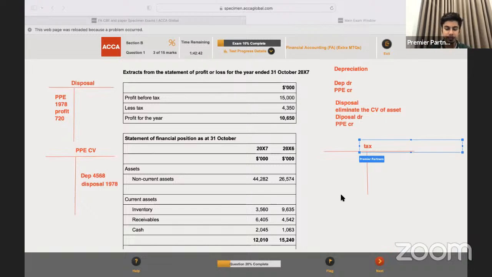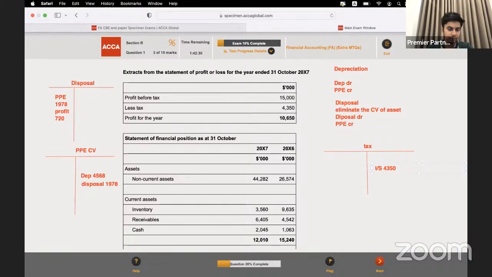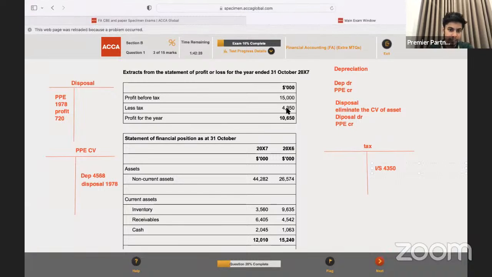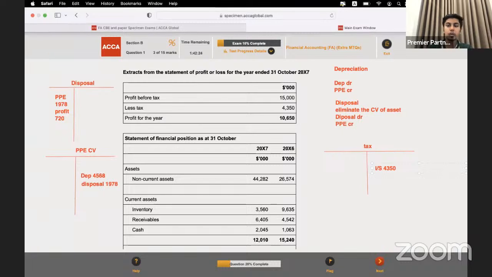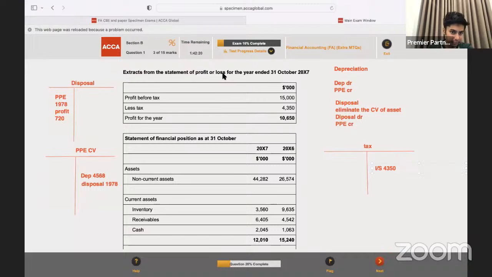Because of that, in my tax account, this should appear on the credit side as income statement, 4,350. All good? If you don't know, if something is an expense in the profit and loss, it's debited. Because of that, in your tax account, it's supposed to be marked on the credit side. That's it.